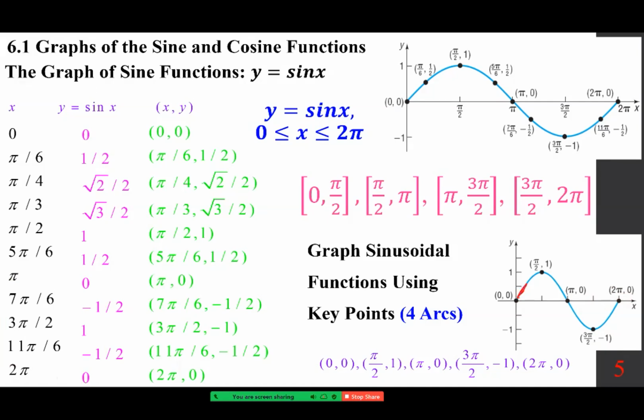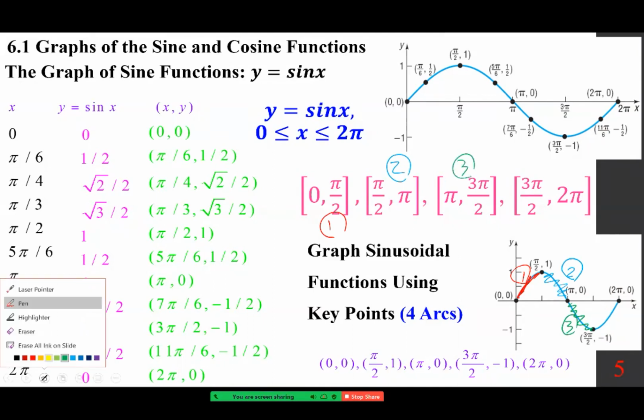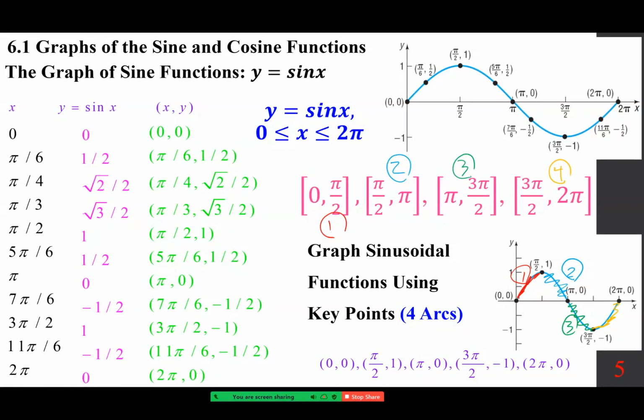This is arc 1, this is arc 2, this is arc 3, and this is the 4th part, the last part. What is important is that this thing repeats itself.